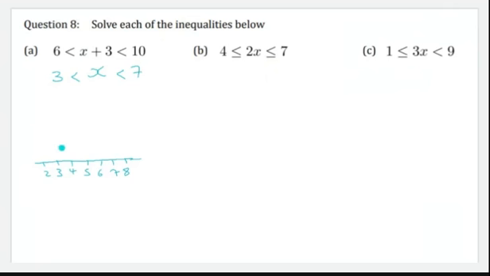So I'm going to put here an open circle at 3 and an open circle at 7, and then draw a line like that. And that's it. So the numbers carry on here, the numbers carry on here, but this line has an ending because it's bound. So there we go.